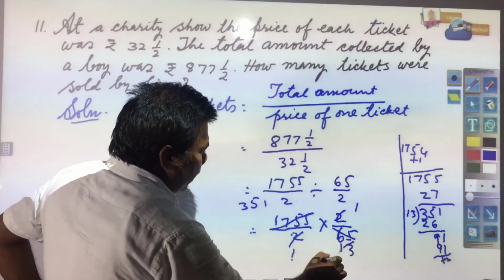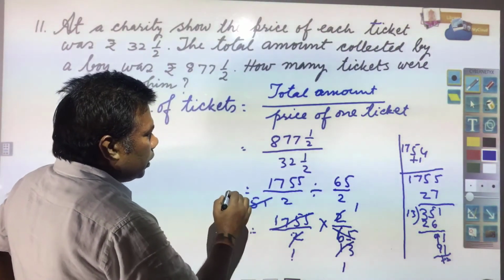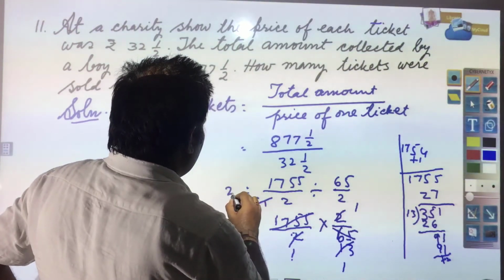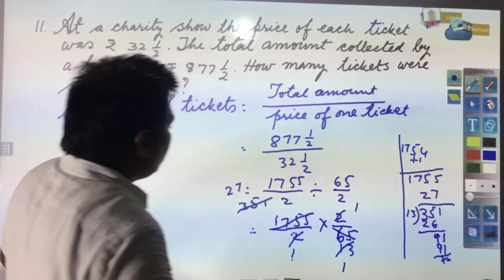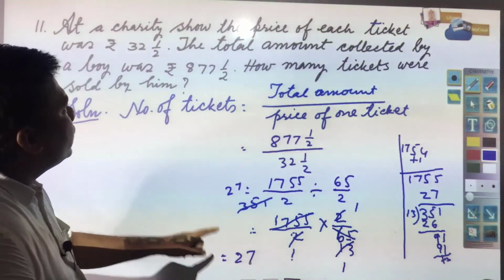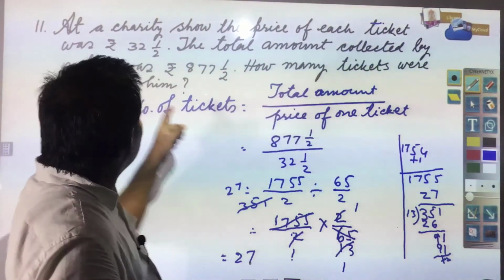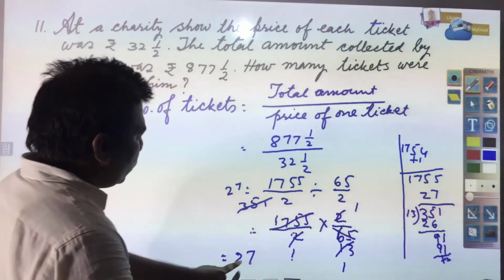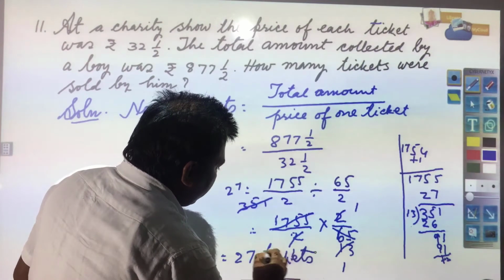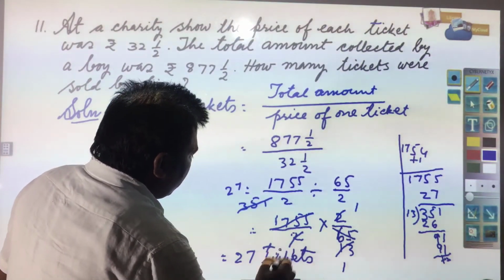So, this can be cancelled how many times? 27 times. So, what you got is equal to 27. How many tickets were sold by him? 27 tickets will be your answer.